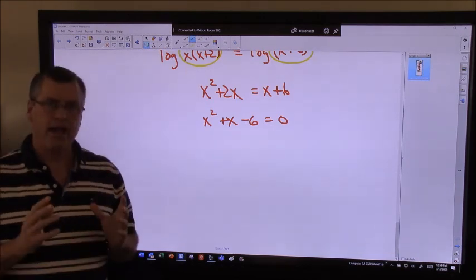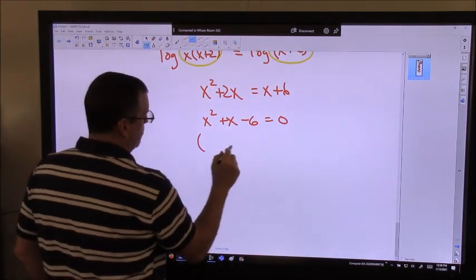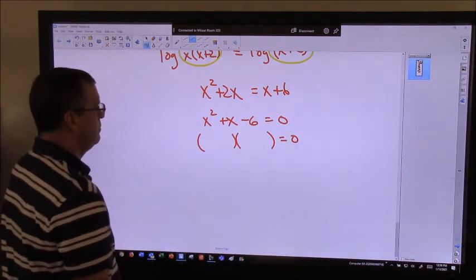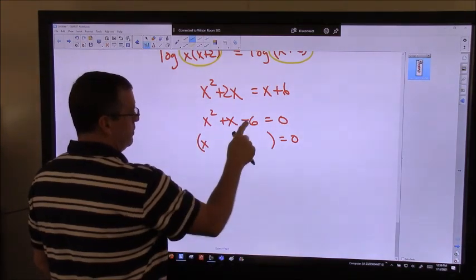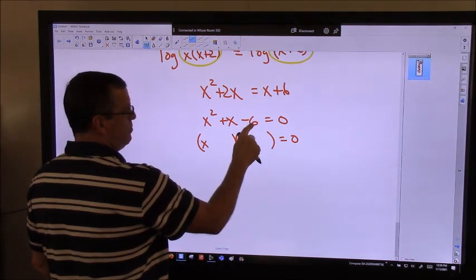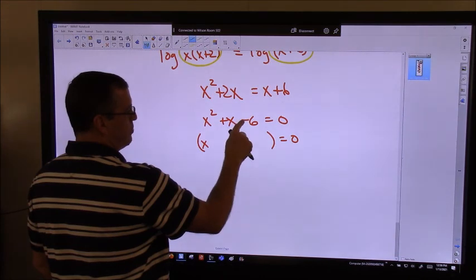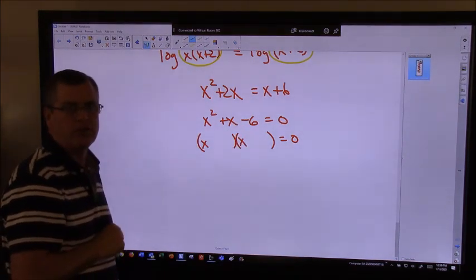And then once I have this quadratic equal to 0, well then my next step is, can I factor this? Well, let's see. This is x times x. This is either 6 times 1 or 2 times 3. And I want to choose two numbers I would multiply to get this and subtract to get 1. Sounds like 2 and 3, right?